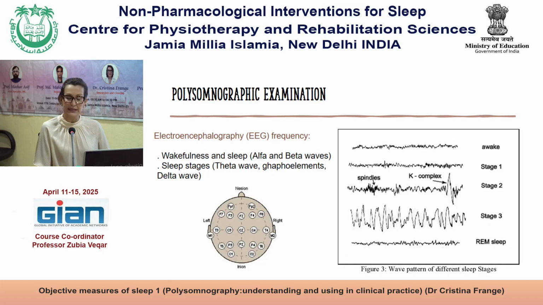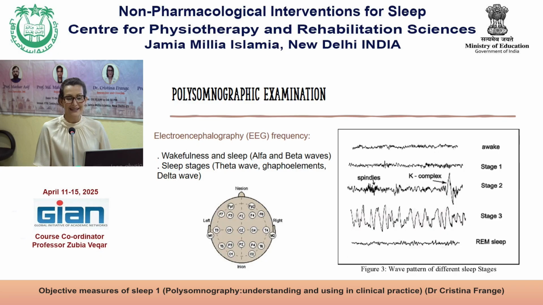And when we enter the N3 sleep stage, we have high amplitudes of these waves, and they are very slow. So our brain becomes, in a way, full of slow waves. That is why it's called slow wave sleep. And finally, REM sleep.